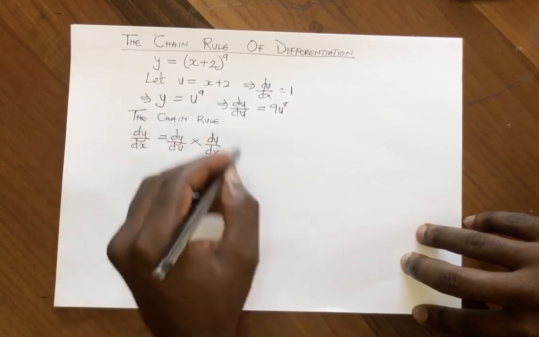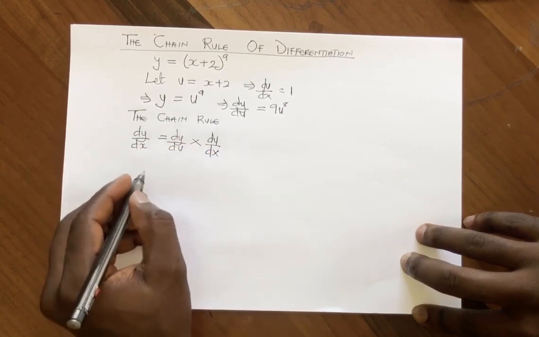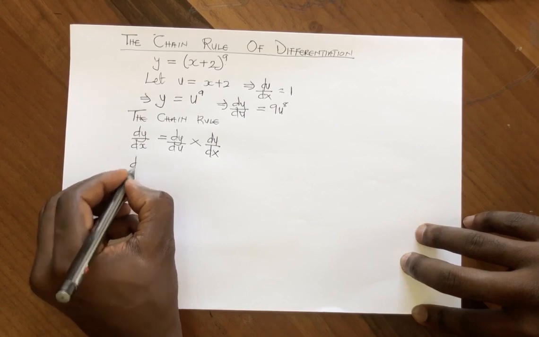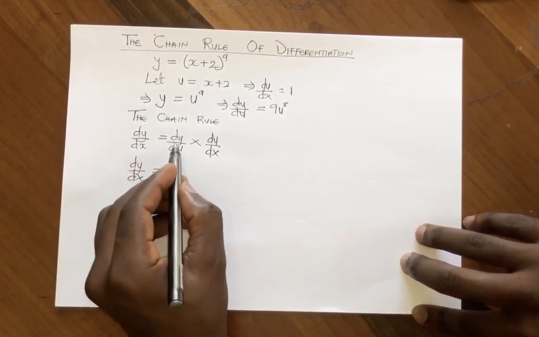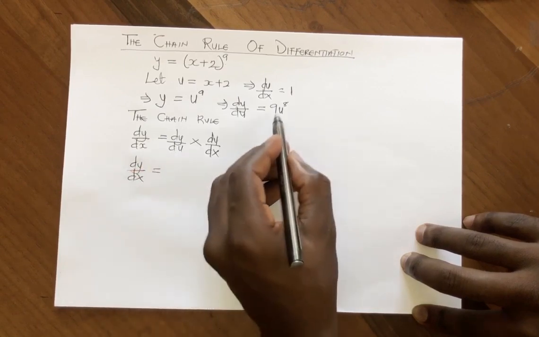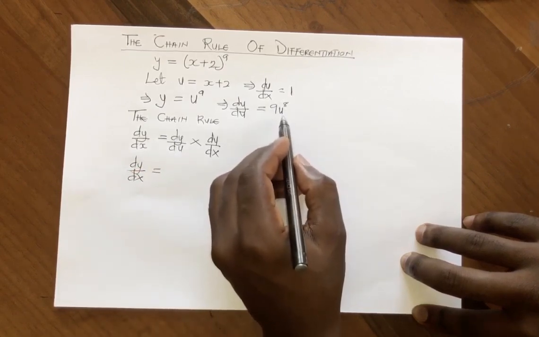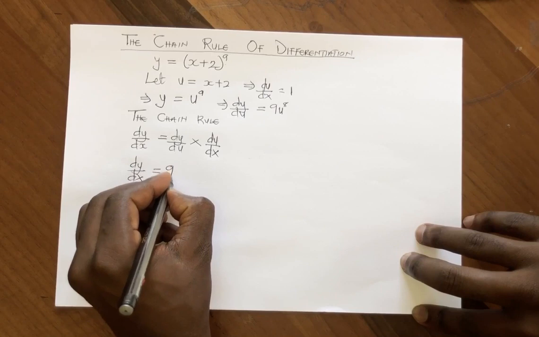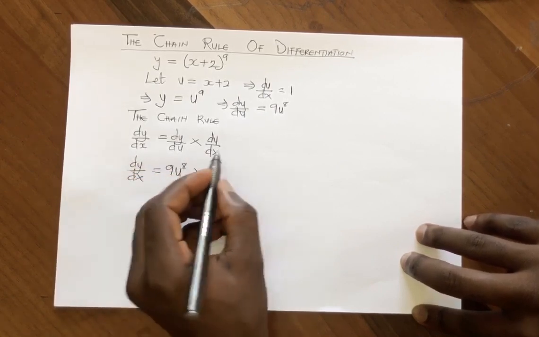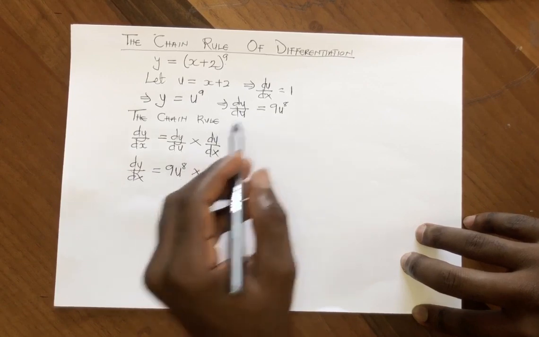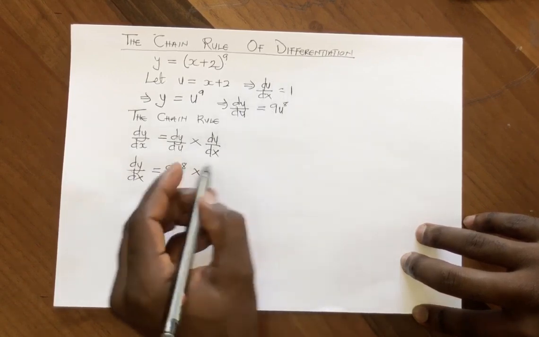So let's bring it down here and input into the formula. So your dy/dx is dy/du. What is dy/du? That is 9u raised to the power 8, times du/dx. What is du/dx? That is 1.